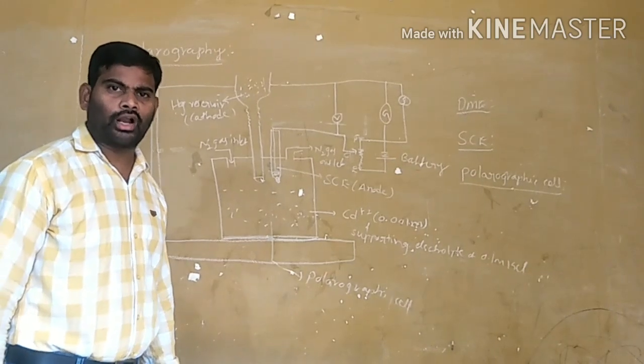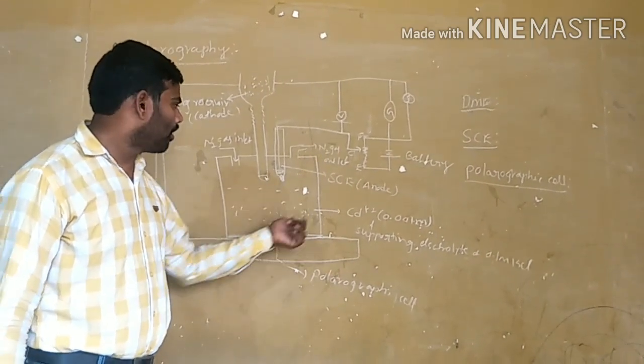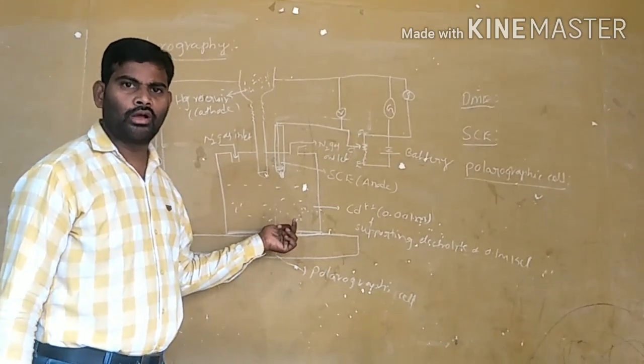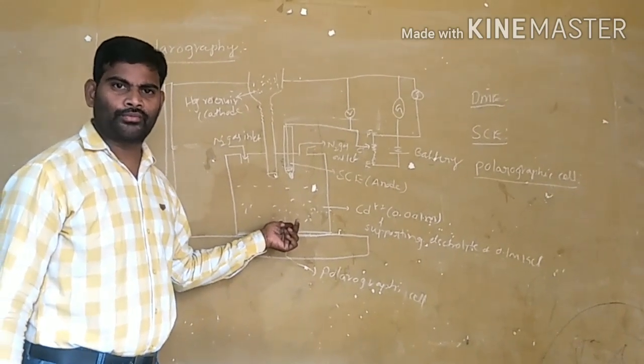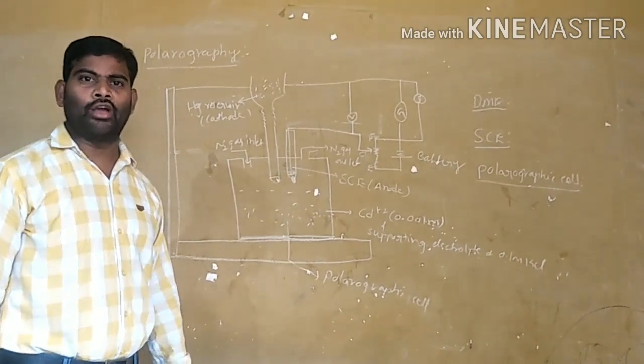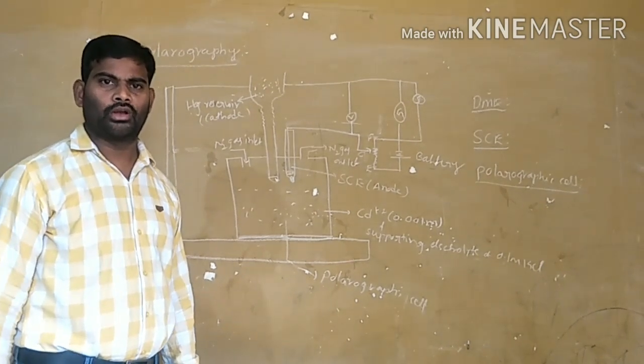If we do not remove the dissolved oxygen in the polarographic cell, two extra polarographic waves are produced.